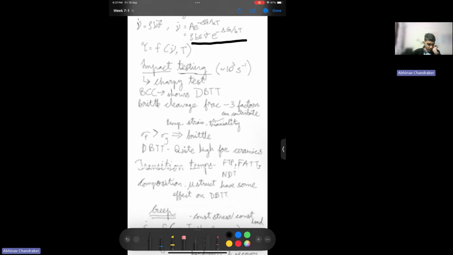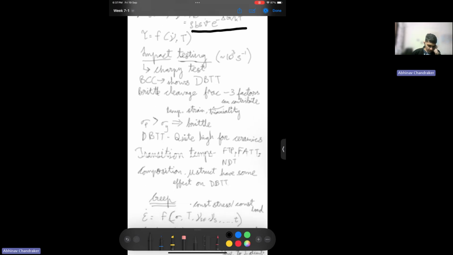Then one more kind of testing is impact testing, common from an application point of view. Here you are trying to see what the fracture toughness of your material is, and how it depends on the temperature at which impact occurred.